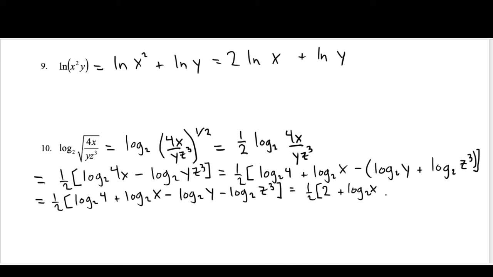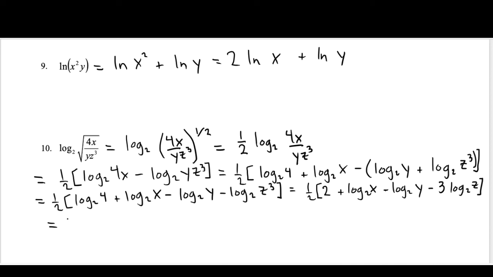That one stays the same, minus log 2 of y. And then for this last one, I can apply the power property, and the 3 gets moved out front, right? So this is minus 3 times log base 2 of z. And then finally, I can distribute the 1/2 as my final step here.